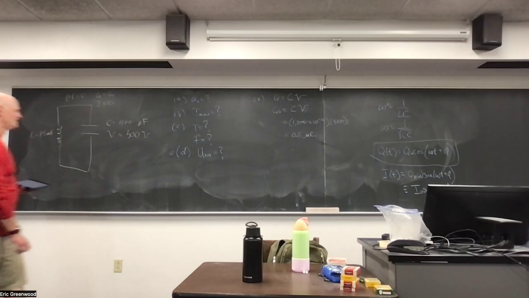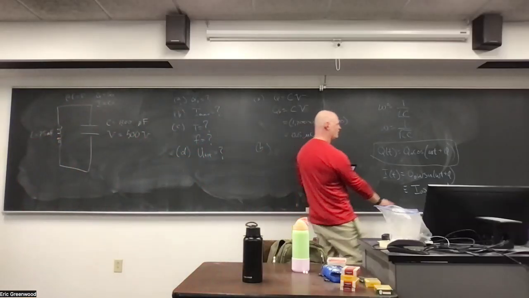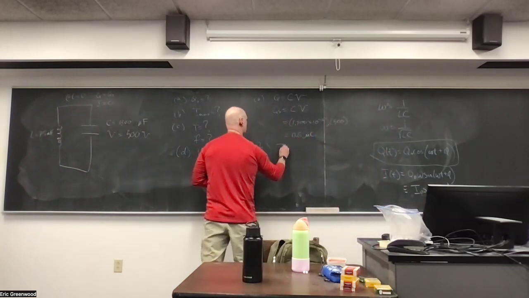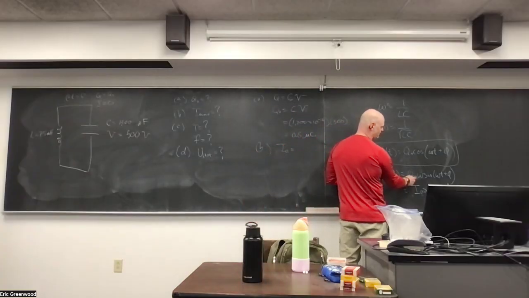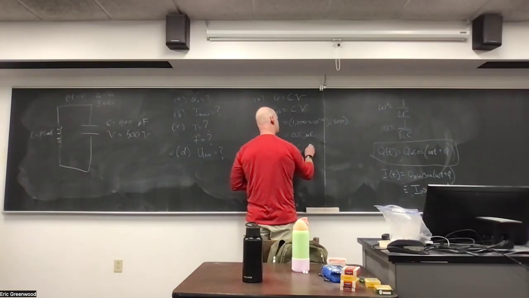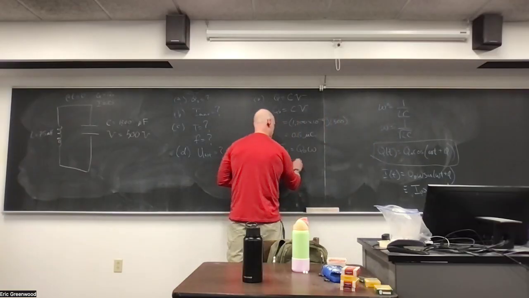Okay. Part B. Part B says, what's the maximum current? Well, I left this on here, thankfully. My maximum amount of current is simply I0. So I0, in terms of the charge, is simply going to be the initial amount of charge times the angular frequency, where again, my angular frequency is 1 over the square root of LC.